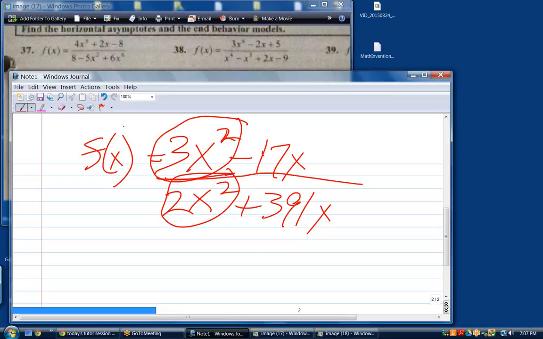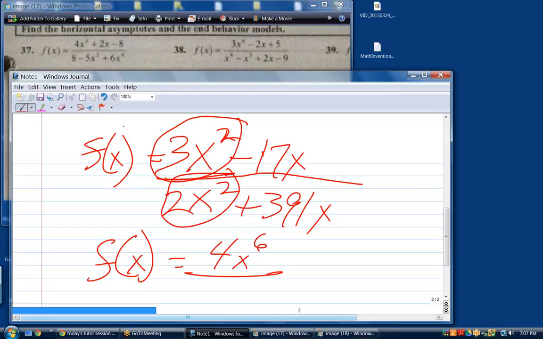So in 37, the numerator, what's the highest degree? The highest degree is x squared. What's that? 37. X to the 6th. 4x to the 6th.